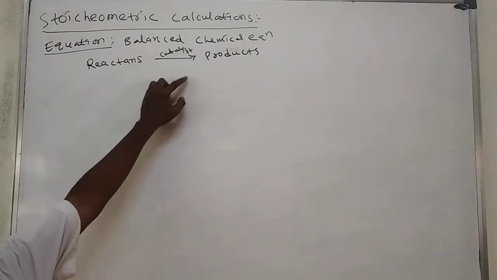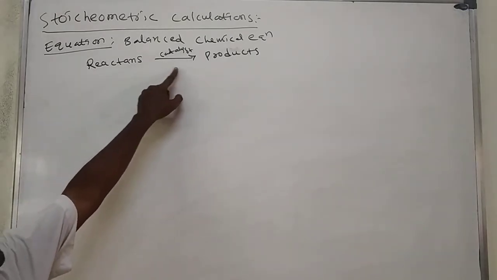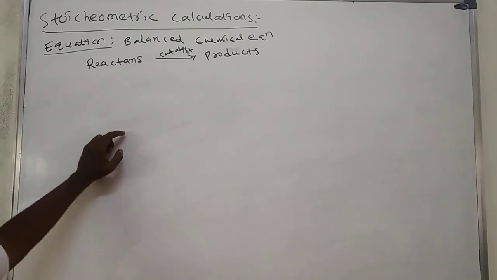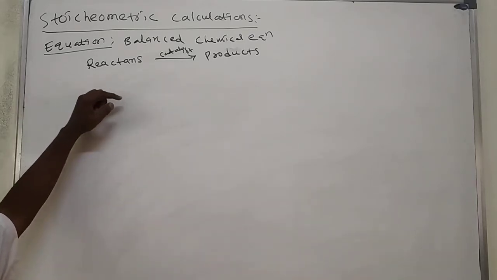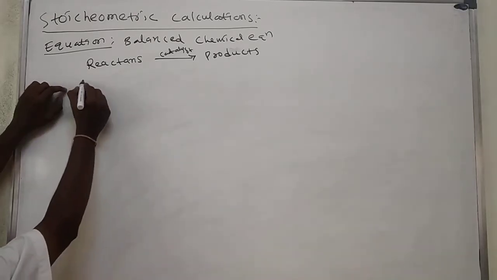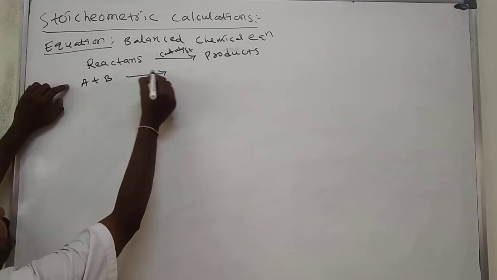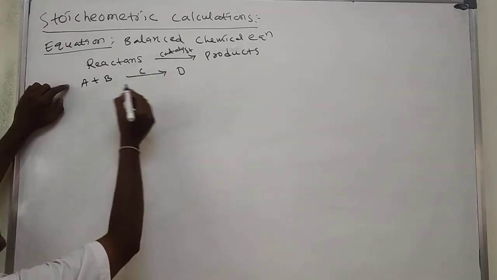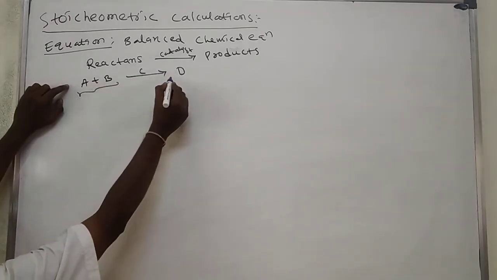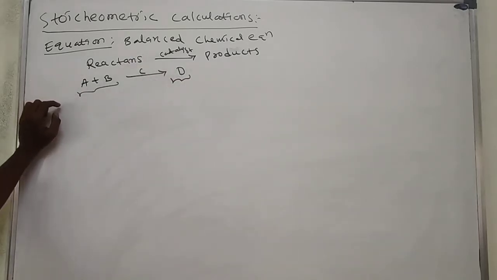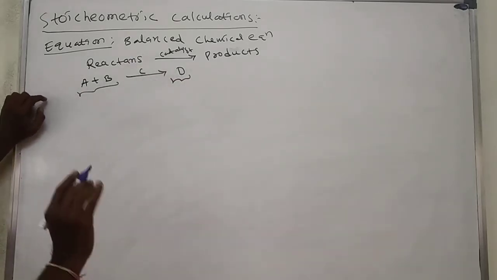During the conversion of reactants to products in the presence of a catalyst, we use a one-side headed arrow mark. Here A reacts with B in the presence of C and forms D. A and B are reactants, D is the product, C is the catalyst. This is the chemical equation.